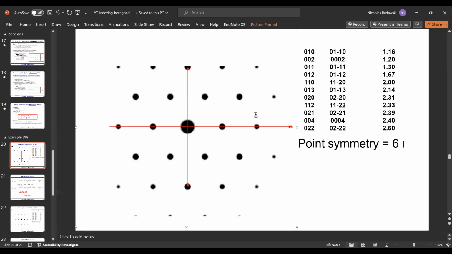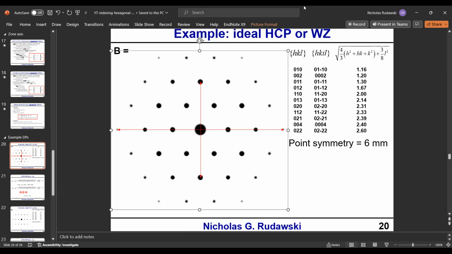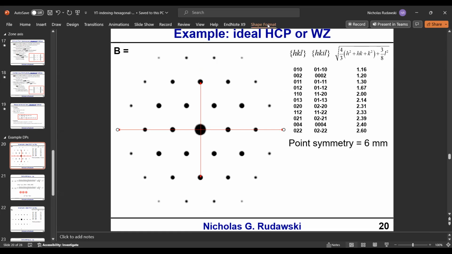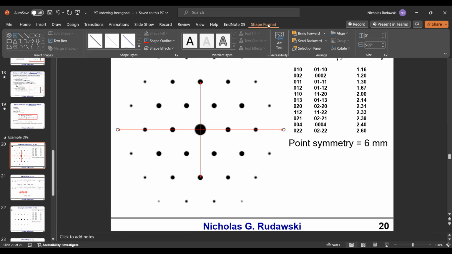Okay, so we have here picture format. Okay, is it going to tell me this? Okay, so we have 5.89 divided by 6 for R1.